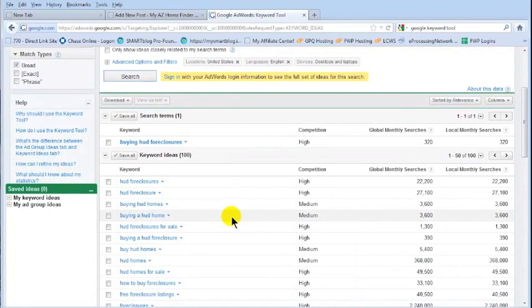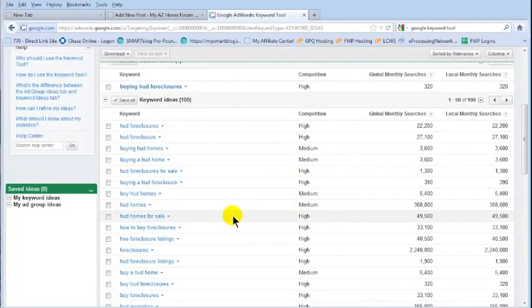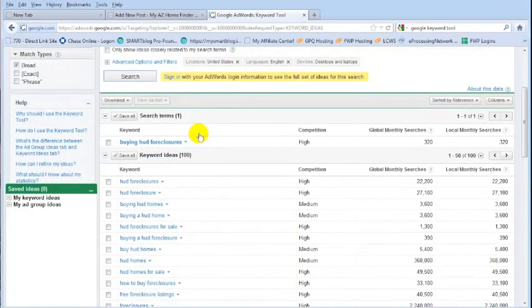And I am looking at the keyword research that I'm doing. There's a couple things to look at here. One is, are you getting search results at all? So global monthly searches, local monthly searches. Local is United States based, global is world based. So typically with HUD homes, people in Europe aren't going to be looking at HUD home searches.